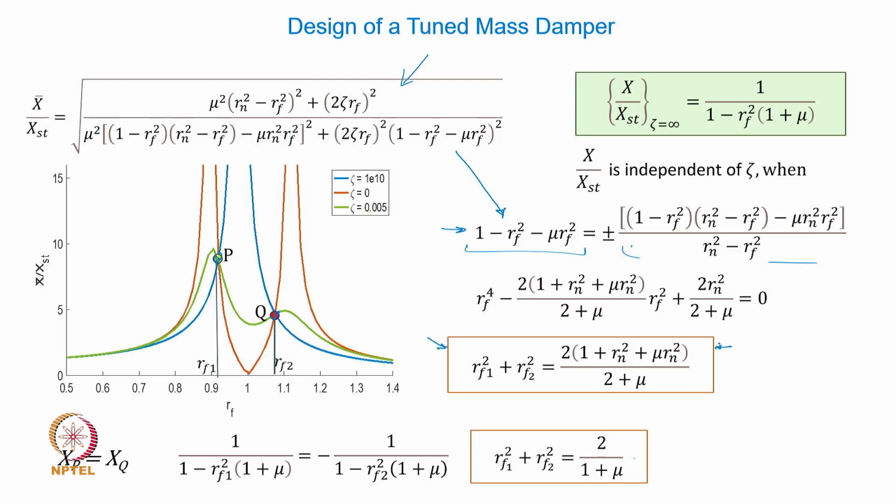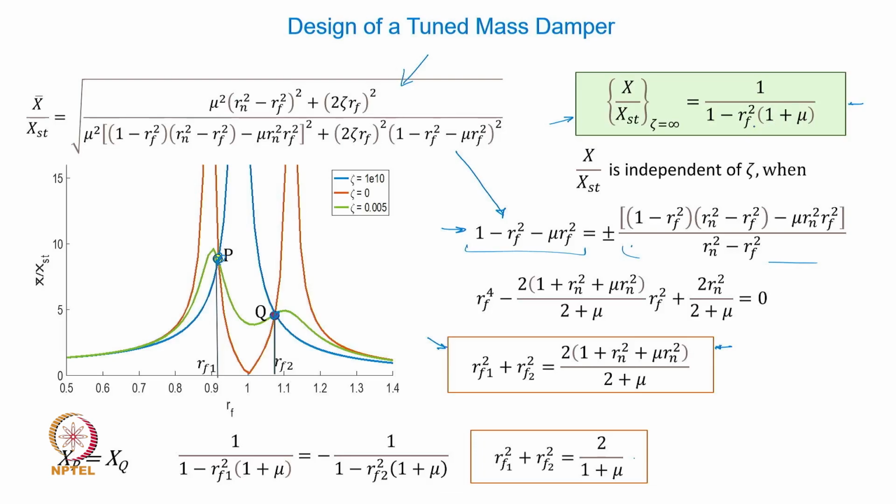That was one route. The second one was by looking at the amplitude ratio for zeta equal to infinity, and because all graphs pass through these two points, the zeta equal to infinity graph will also pass through these points.